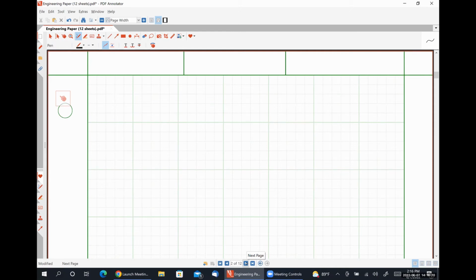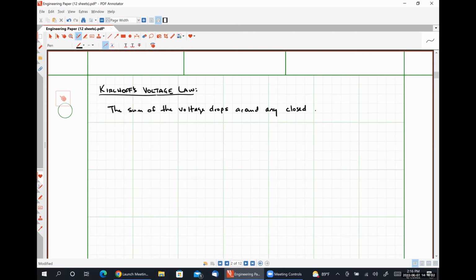So let's talk about Kirchhoff's voltage law first. Kirchhoff's voltage law states that the sum of the voltage drops around any closed path must be zero.